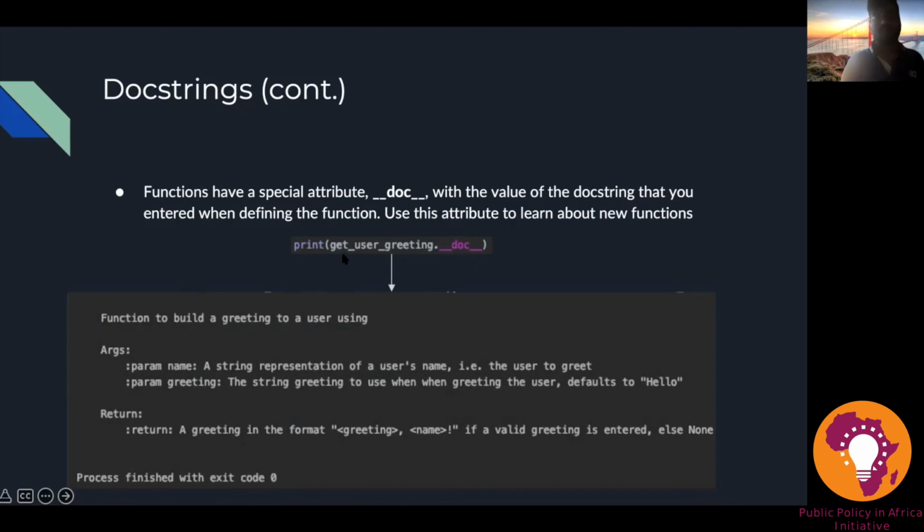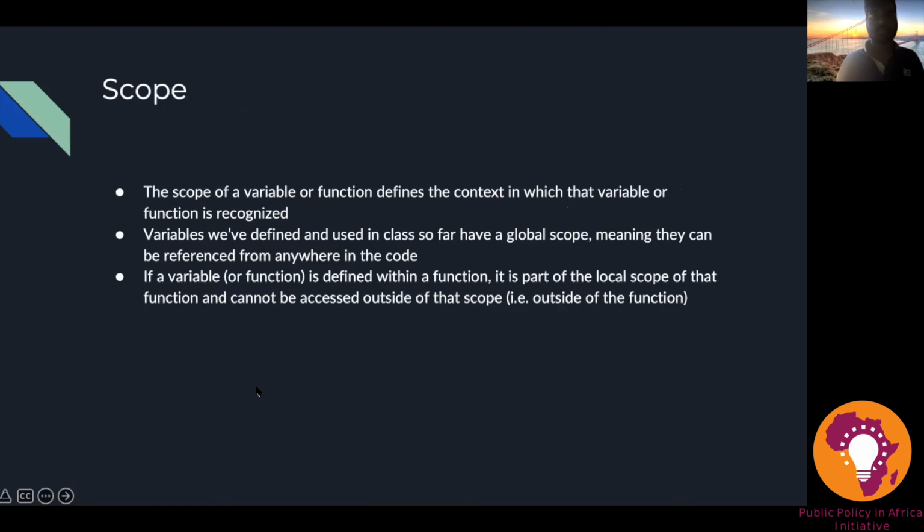You simply need to do print, followed by the name of the function and dot, and then double underscore doc double underscore, and it should give you this functionality.